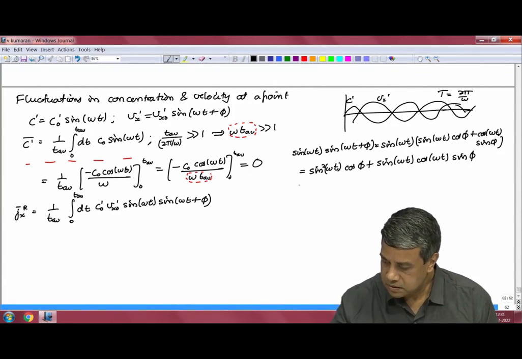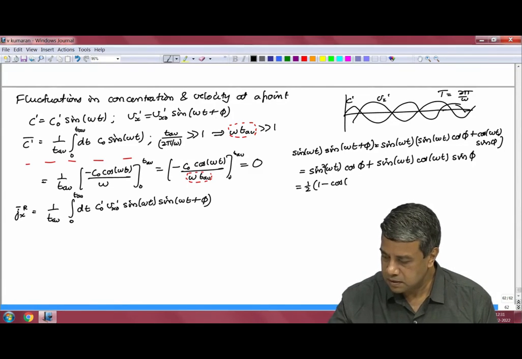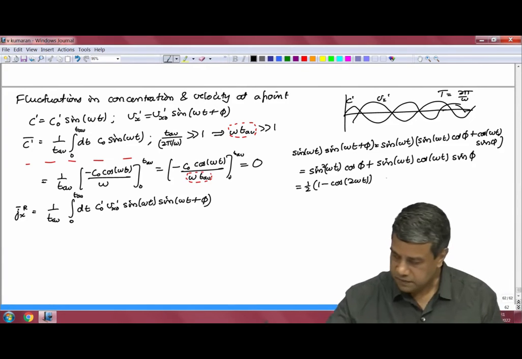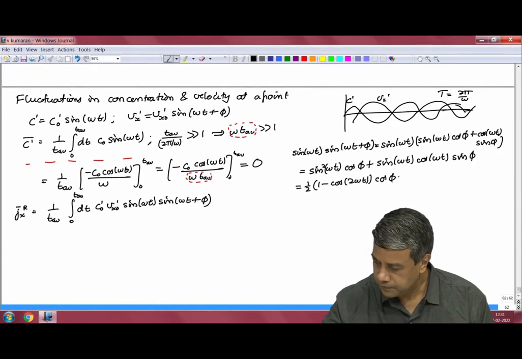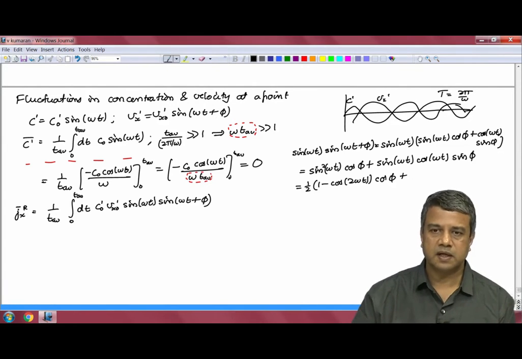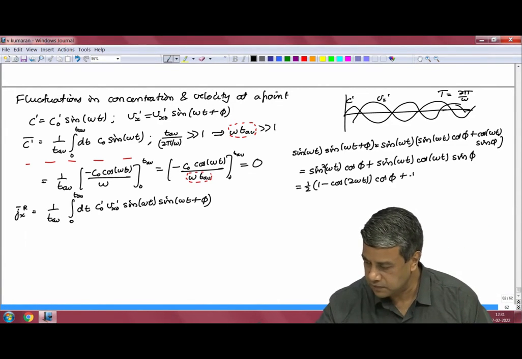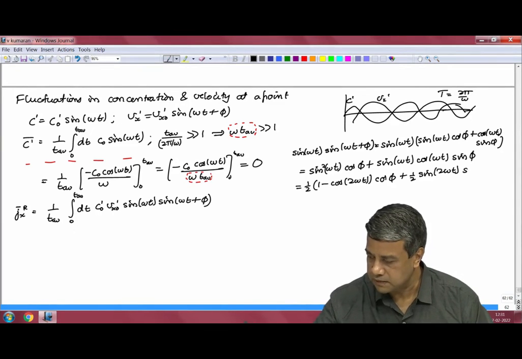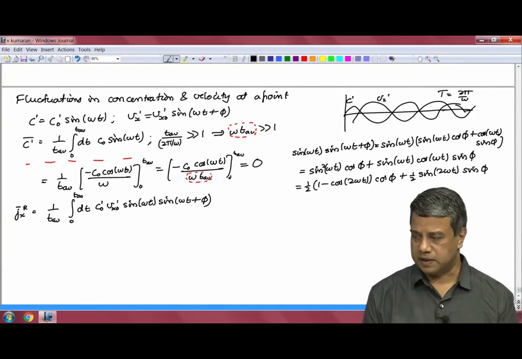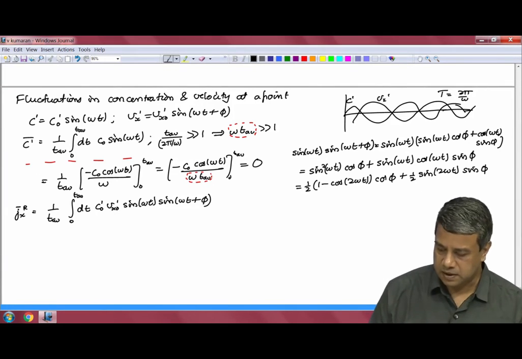So, this is equal to half into 1 minus cos of 2 omega t into cos phi, plus sin omega t cos omega t, which is sin 2 omega t by 2. So, I get half sin of 2 omega t sin phi. These use basic fundamental trigonometric relations for calculating the expansion.